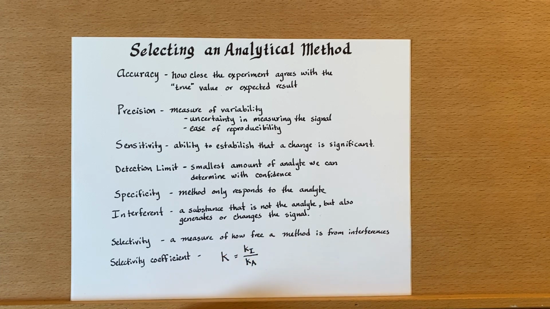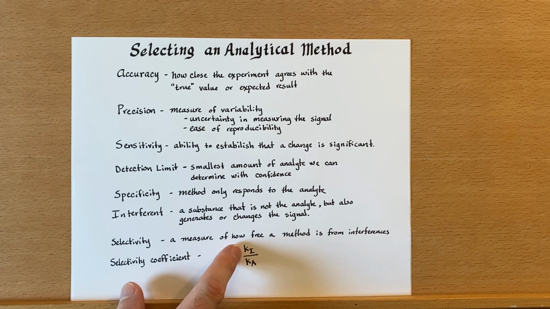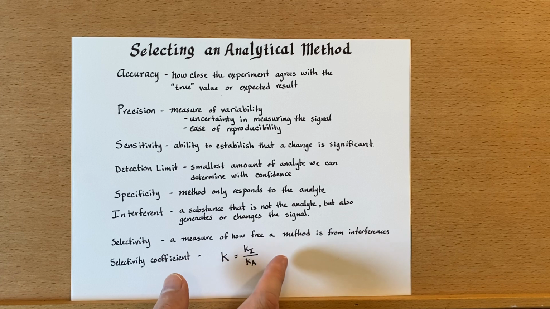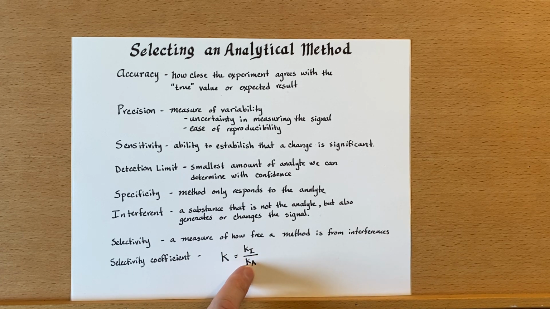This is that proportionality constant. And so when we have an interferent, the signal is the proportionality constant of the interferent times, say, the concentration of the interferent plus the proportionality constant for the analyte times the concentration of the analyte. That would make up the signal. And to calculate the selectivity coefficient, we can just put these in to this particular equation.